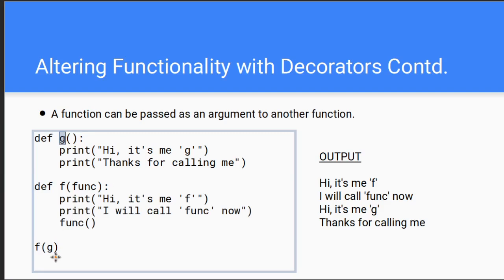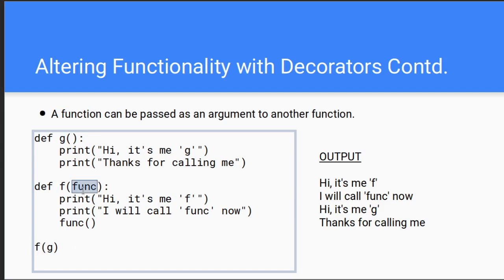In Python, functions are first-class objects, which means you could pass them around just like variables. Now notice we passed g. We didn't call g. We're not calling g and passing in the result. We're actually passing the reference to g to f.